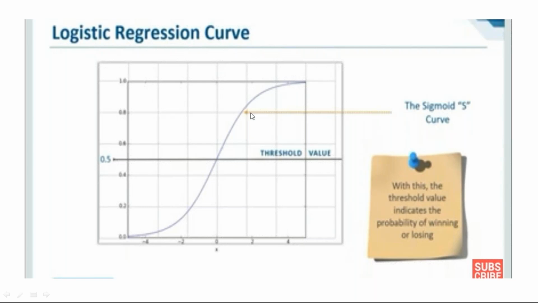If winning, all the data points will fall under this particular region. If losing, they will fall under this particular region. So just using this threshold value, I can know whether he will win or lose. If we encounter such kinds of questions, we can simply draw a logistic regression curve and try to predict whether he will lose or win.